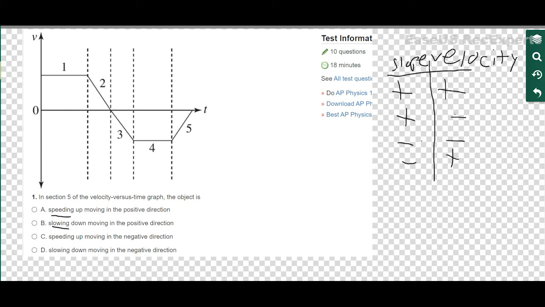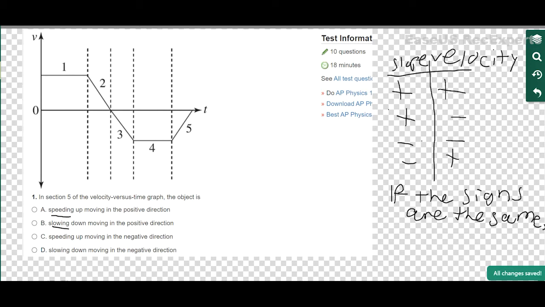If the signs are the same, and excuse me for my poor handwriting on this app, still getting used to it.